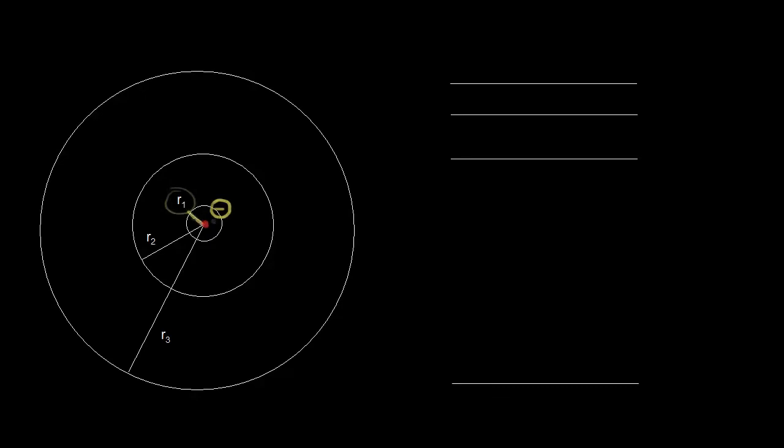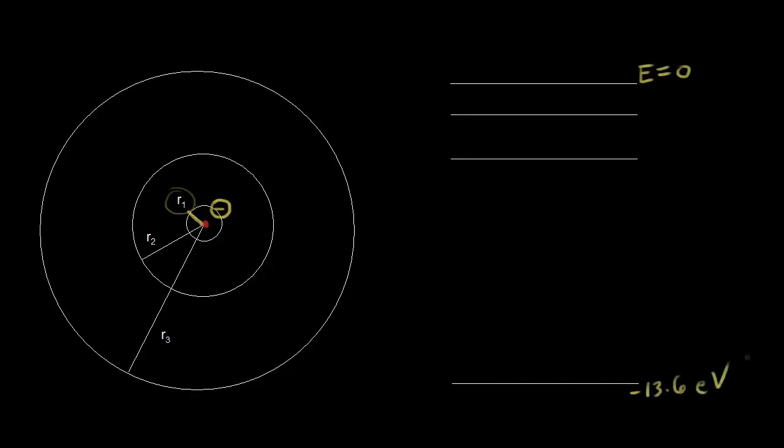So R1 is when n is equal to 1. And we just calculated that energy. When n is equal to 1, that was negative 13.6 electron volts. That's the energy associated with that electron as it orbits the nucleus. And so if we go over here on the right and we say this top line here represents energy is equal to 0, then this would be negative 13.6 electron volts.